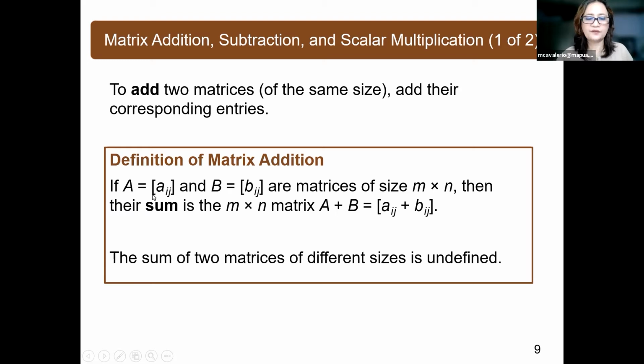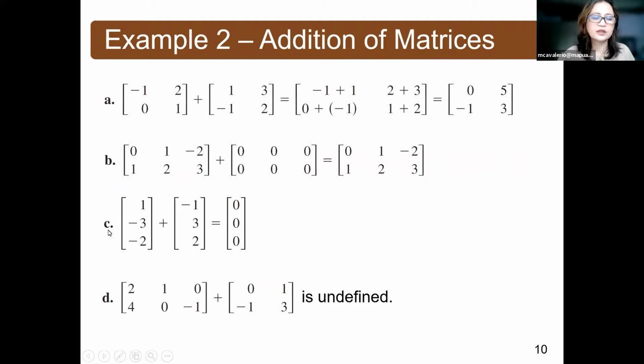So say, if A and B are matrices of size m by n, for which A has entries a sub ij and B has entries b sub ij, then their sum is the m by n matrix A plus B. So we only need to add element per element, say a sub ij plus b sub ij. The sum of two matrices of different sizes is undefined. So that's why before we can add matrices, we must ensure that they have the same size.